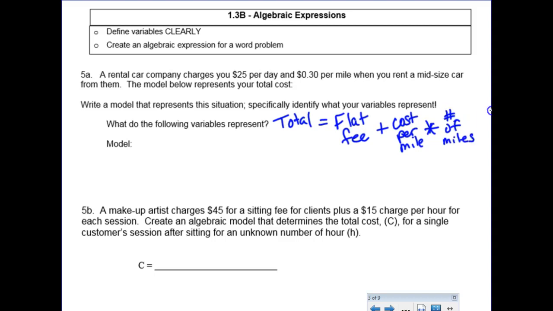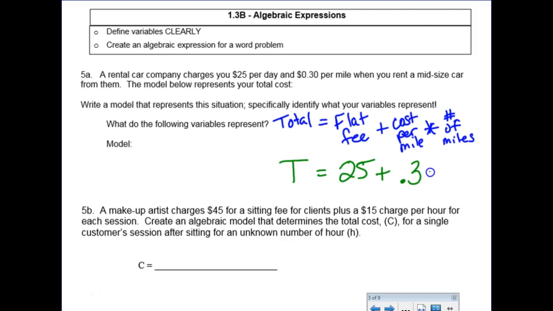Okay. So what I'm going to do is right underneath all of these things, I'm going to go ahead and write the variables or the algebraic model. And they don't really tell us what to use for variables, so I can use whatever I want. So for total cost, I'm going to go with T equals flat fee, which is 25, plus 30 cents per mile, times the number of miles.